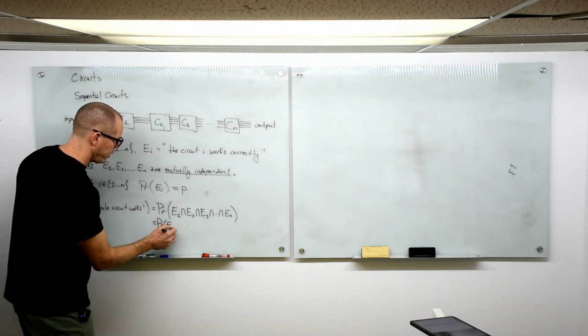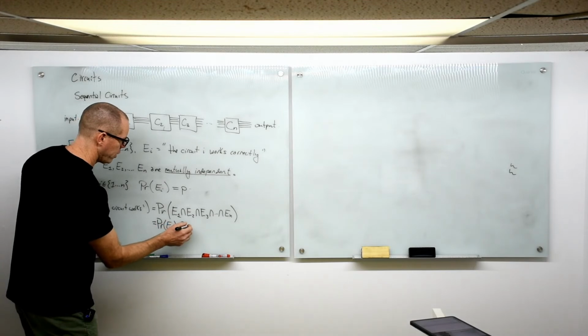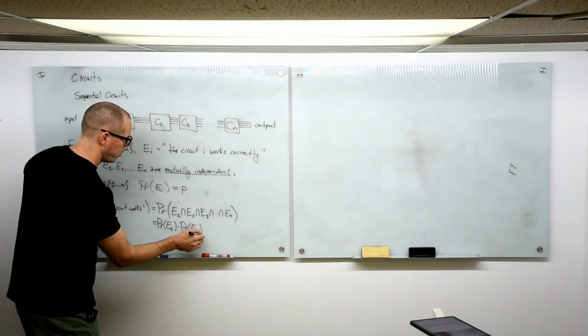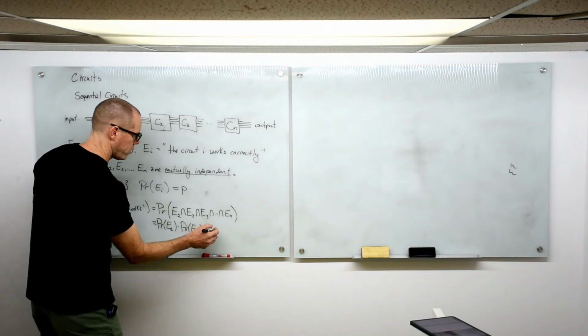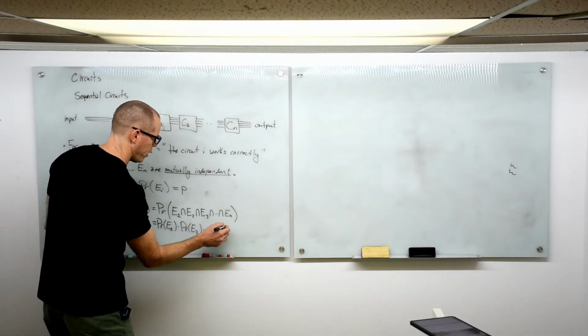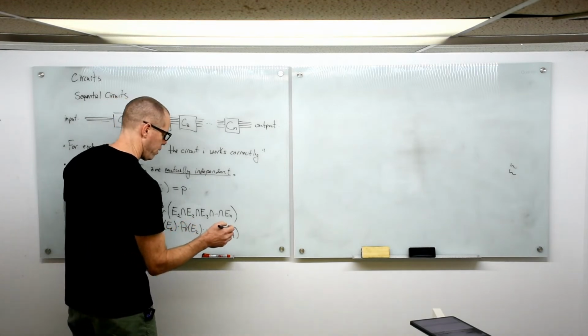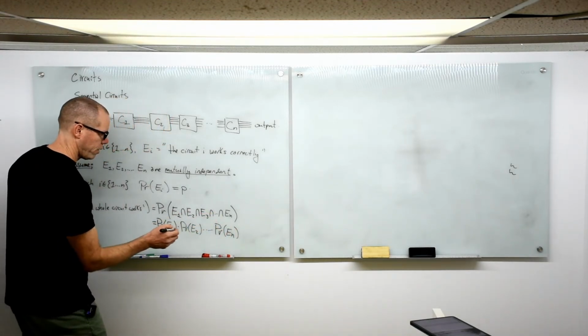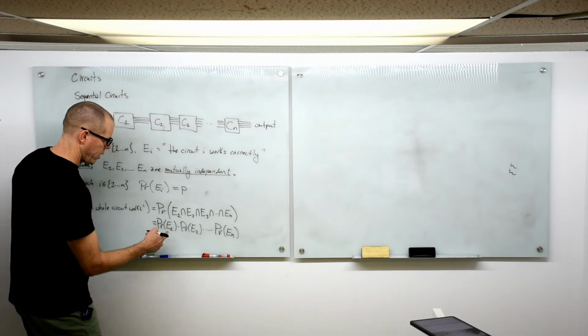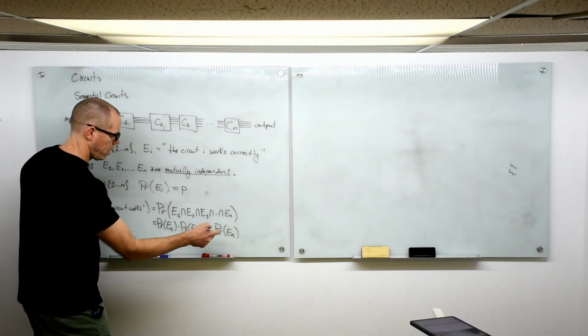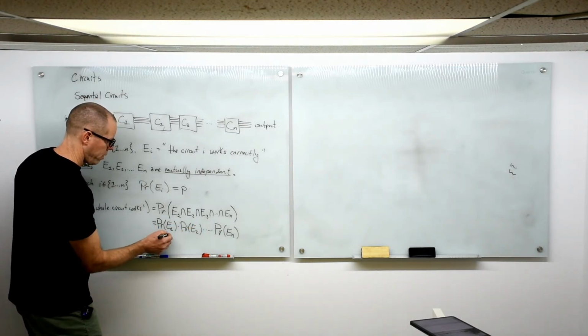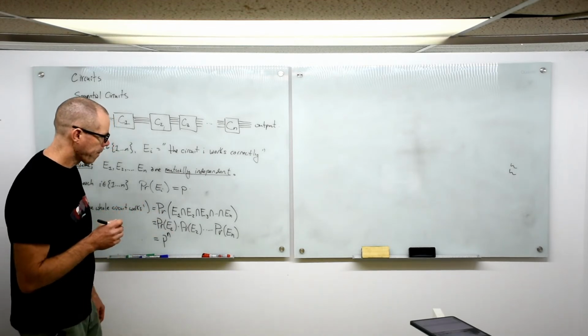So it's the probability of E1 times the probability of E2 times so on times the probability of En. And that's just p times p times p times p, p to the n.